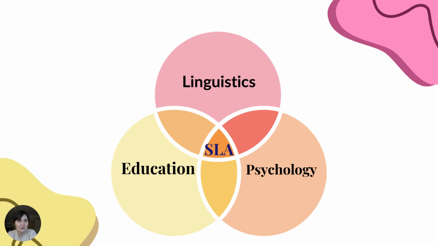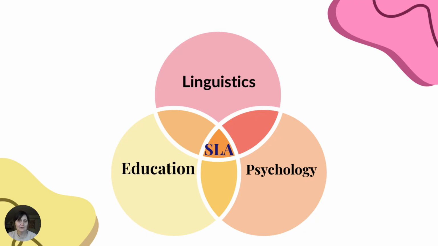It also involves the knowledge of education: how we can create an environment that would foster the acquisition of those complex linguistic phenomena, and how we can build on the educational theories that can help us design our instruction the best way possible. And we also need to include the knowledge of psychology. This is what we were doing last week when we were talking about motivation and identity, and also the affective filter, like anxiety and willingness to communicate.